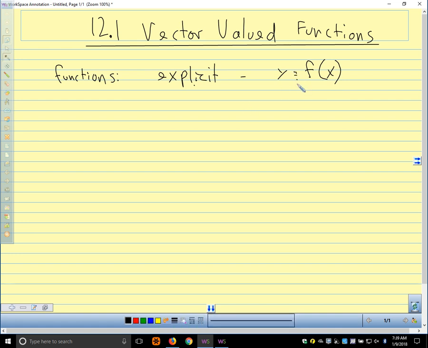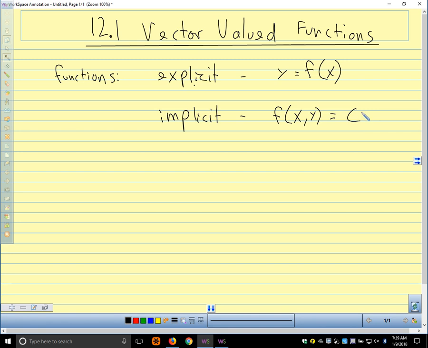We haven't done a lot of work with implicit functions. We'll work with them more in chapter 13. But in Calc 1, you do a little bit of work with them, and that's some f of x, y equals a constant.